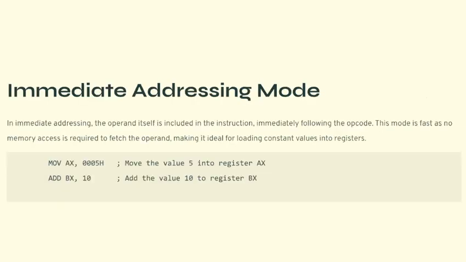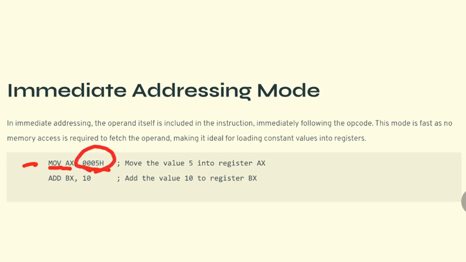Let us understand the immediate addressing mode first. In immediate addressing mode we don't have any effective address. That means the operand is directly available in the instruction. Let us see this example: MOV AX, 0005H.